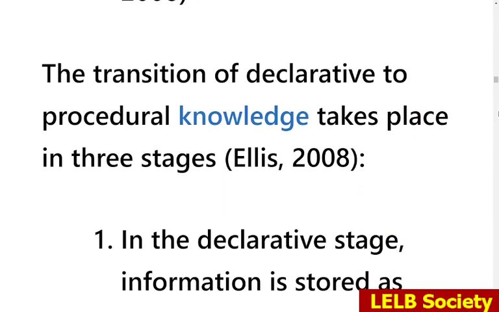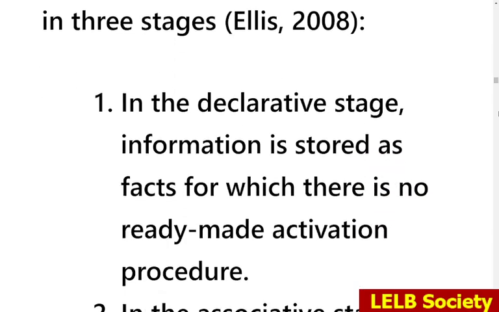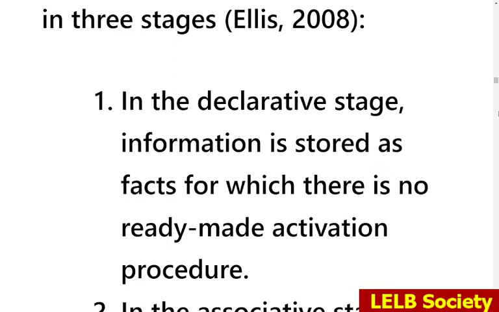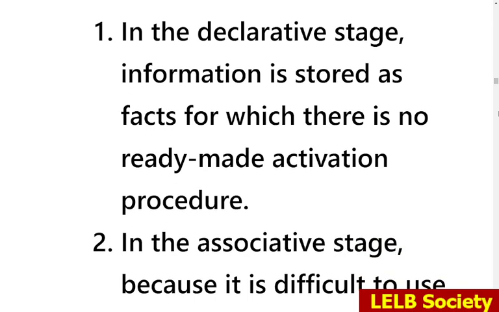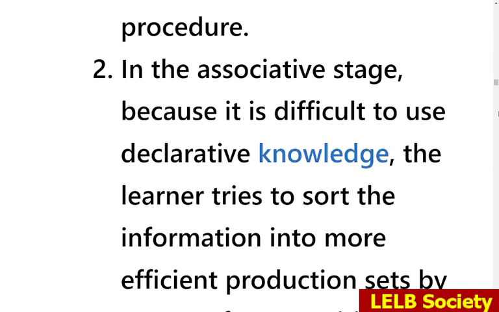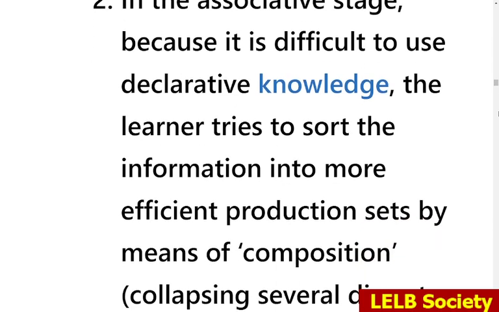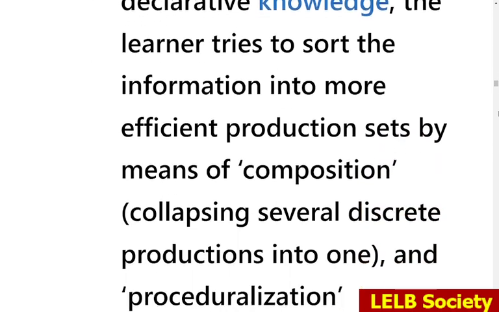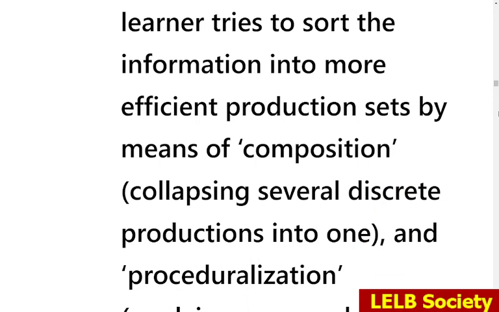The transition of declarative to procedural knowledge takes place in 3 stages, as stated by Ellis 2008. 1. In the declarative stage, information is stored as facts for which there is no ready-made activation procedure. 2. The associative stage: because it is difficult to use declarative knowledge, the learner tries to sort the information into more efficient production sets by means of composition.